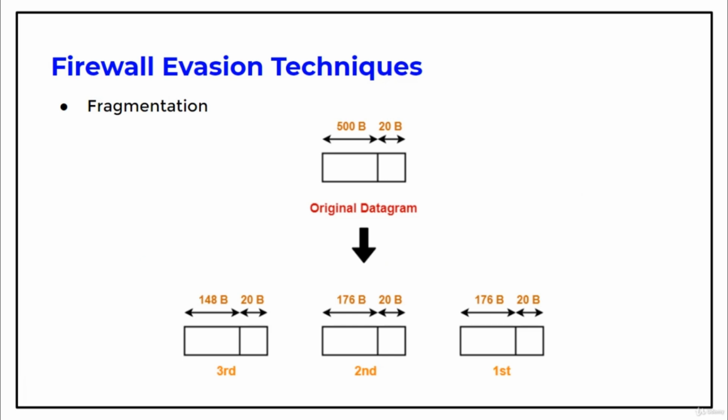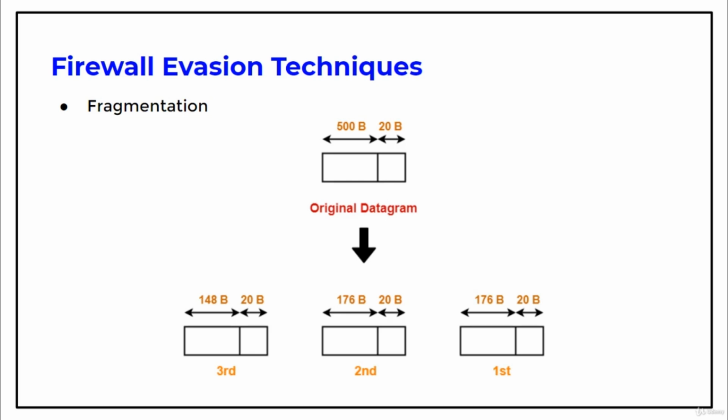The next firewall evasion technique that we are going to discuss is fragmentation. Attackers create tiny fragments of outgoing packets, forcing some of the TCP packet's header information into the next fragment. The IDS filter rules that specify patterns will not match the fragmented packets due to broken header information.